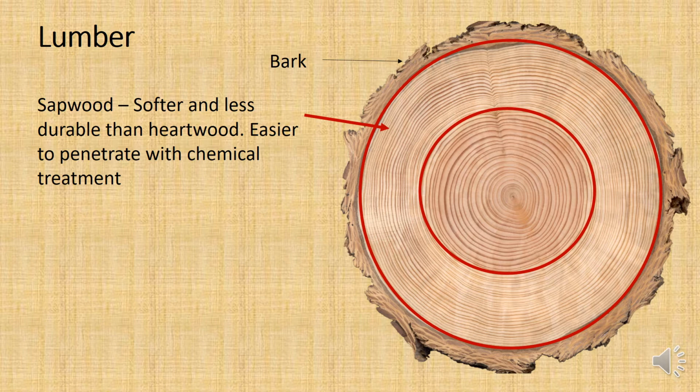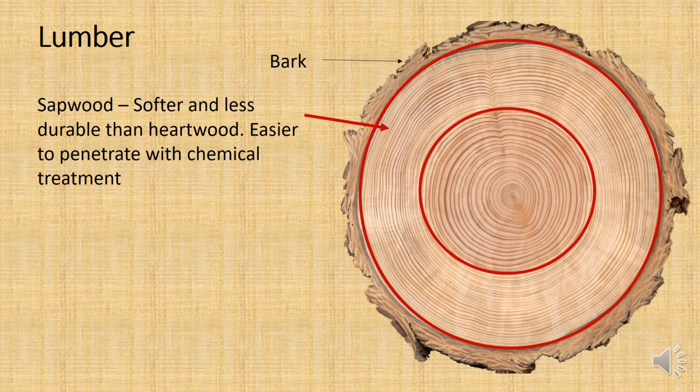Now, you will also notice that the rings on the outside have a tendency to be closer together than the rings on the inside. Now that actually creates two different kinds of wood. The outer part of the lumber is what we call sapwood.